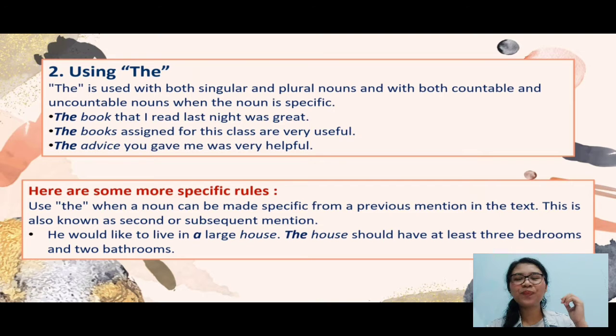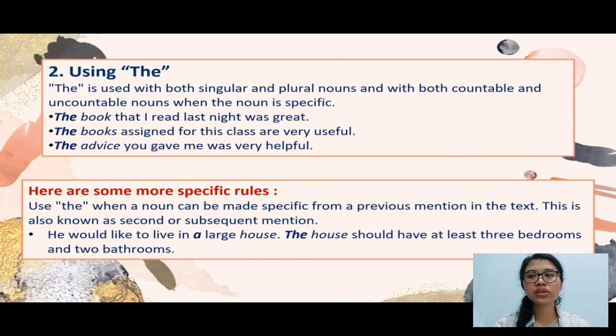Jadi bukunya itu udah pasti, because in this sentence, book is a singular countable noun. It is also specific because of the phrase that I read last night. The writer and reader or speaker and listener know which book is being referred to. And then the second example, the books assigned for this class are very useful.